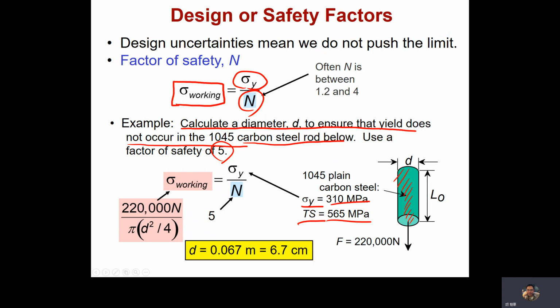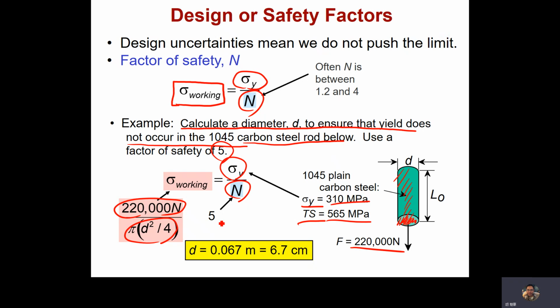And we apply a force, and we have to calculate the diameter of this round rod. The working stress equals the force divided by area, which equals the unit stress divided by the safety factor.